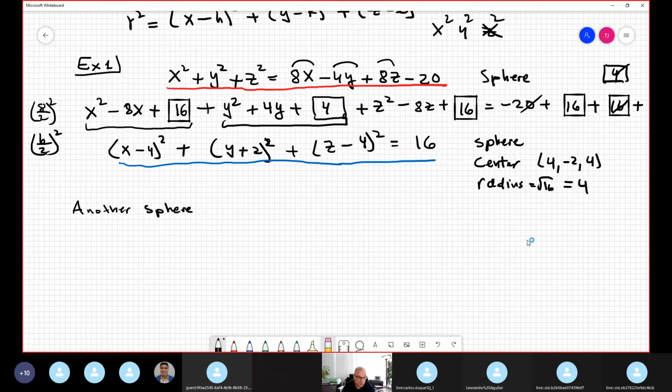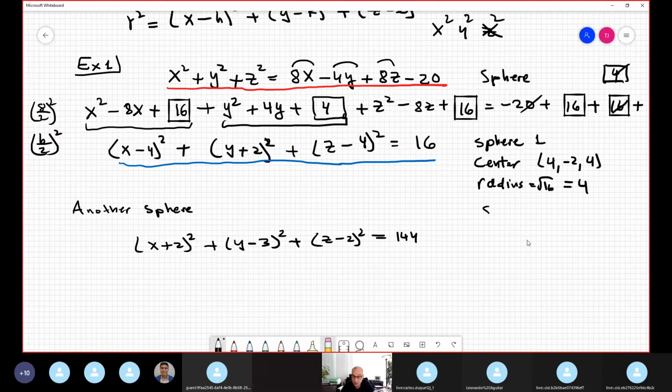The equation of this sphere is (x plus 2) squared plus (y minus 3) squared plus (z minus 2) squared equal 144. Again, this is sphere 1, and now this is sphere 2.